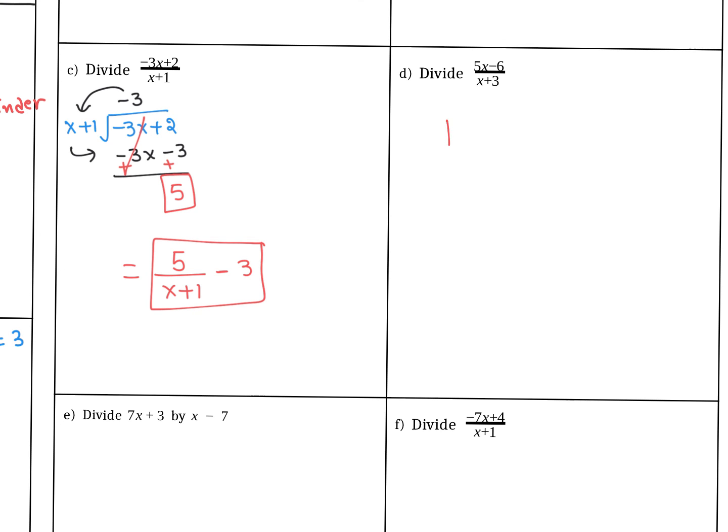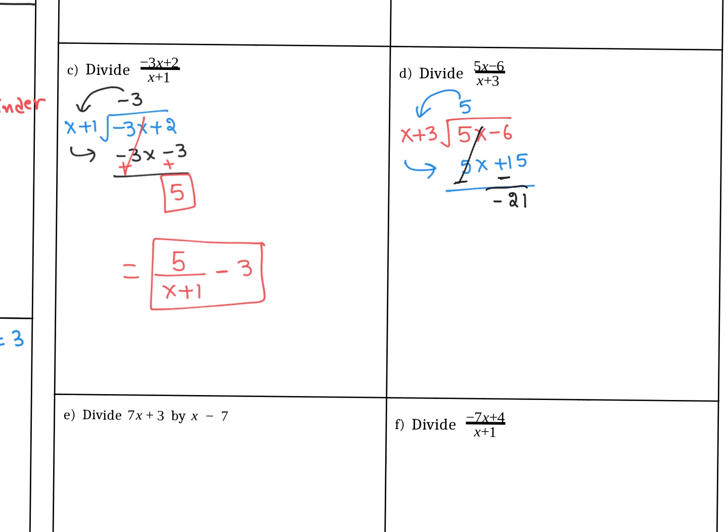For letter D, you're dividing 5x minus 6 by x plus 3. The number you choose to multiply to get 5x is 5. You get 5x plus 15. Change the signs. 5x and negative 5x cancel.